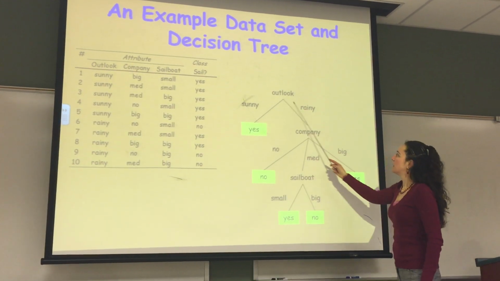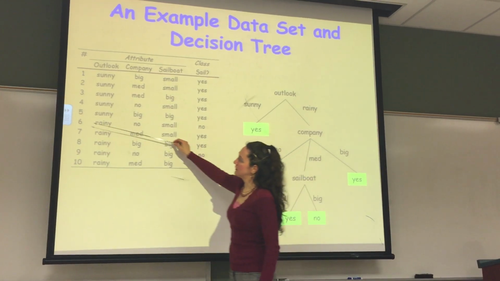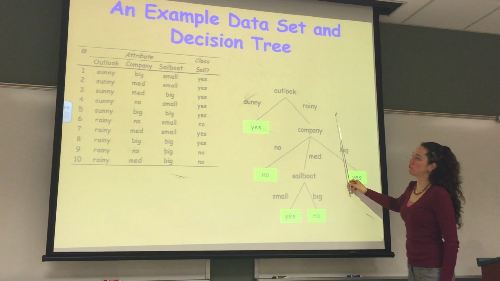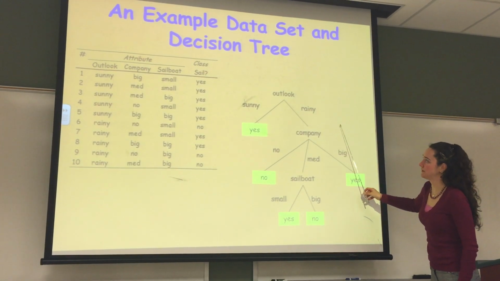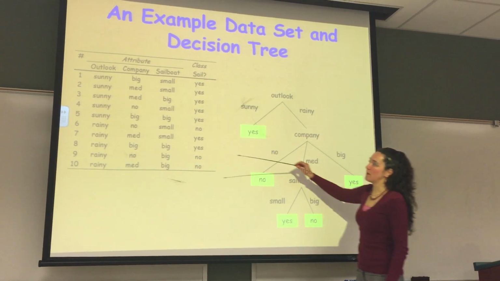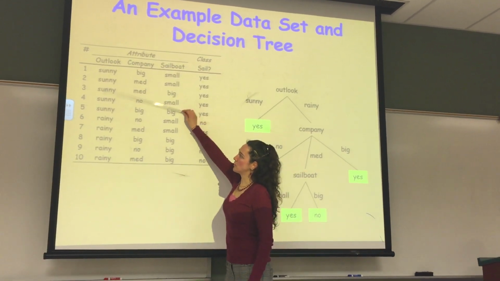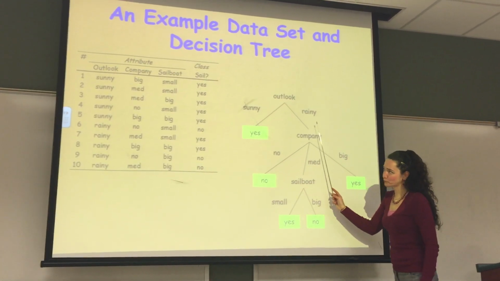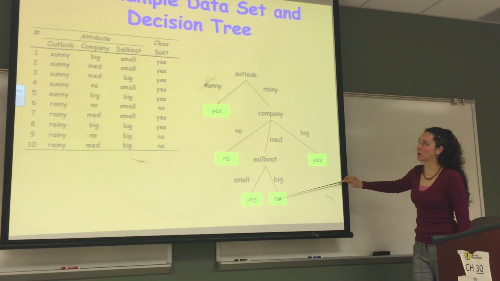For rainy, we have objects 6, 7, 8, 9, and 10, so on this side of the tree we'll have the rainy objects. These are the only ones we're looking at right now. Objects 1 through 5 are in the sunny part, and objects 6 through 10 are in the rainy part.